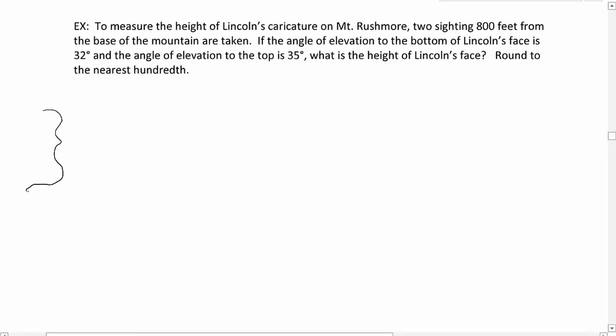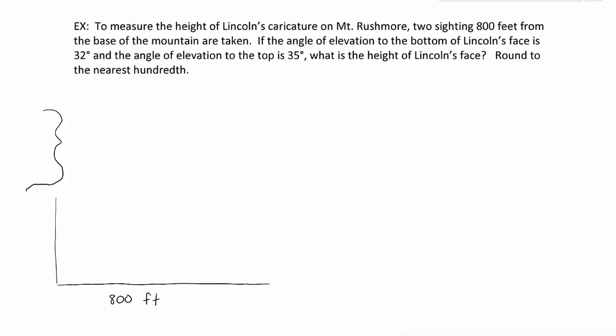All right, he had a big chin, huh? Okay, so this is going to be, I'm thinking straight down here. And then observations were taken 800 feet away. The angle of elevation to the bottom of his face is 32 degrees.